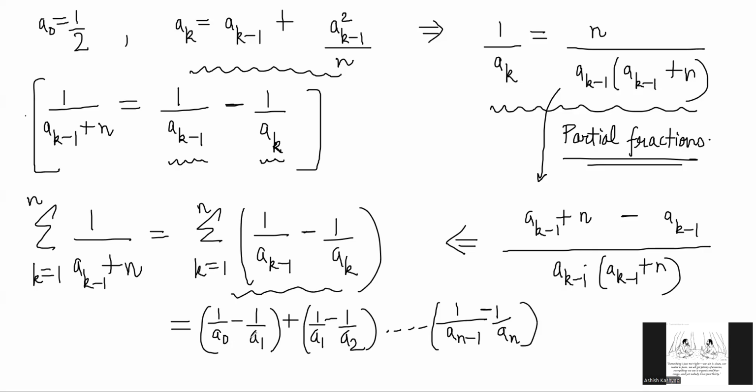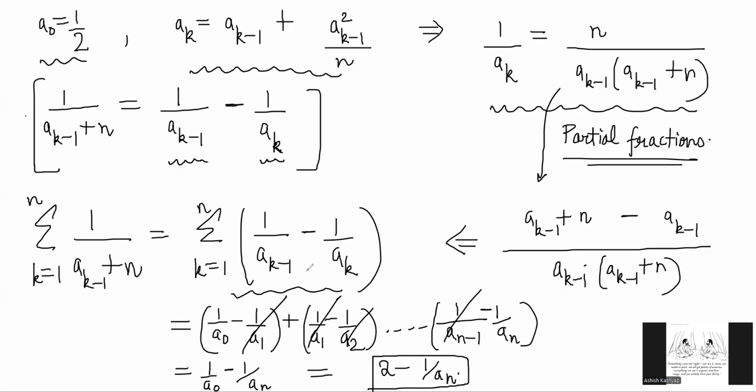Basically, every term in the middle cancels off and you end up with 1 by A0 minus 1 by An. And since A0 was half, you get 2 minus 1 by An. I hope everyone has understood that.